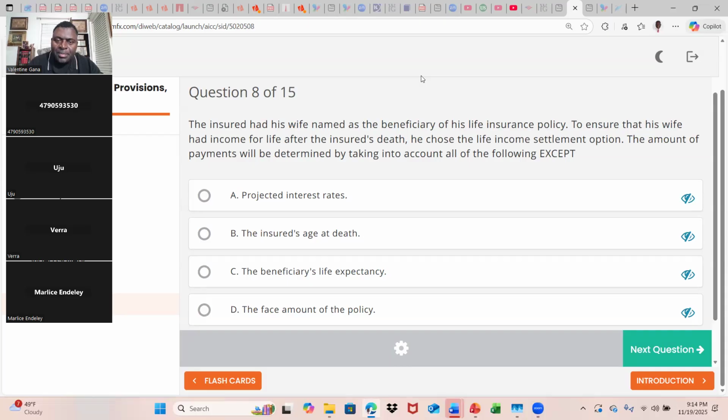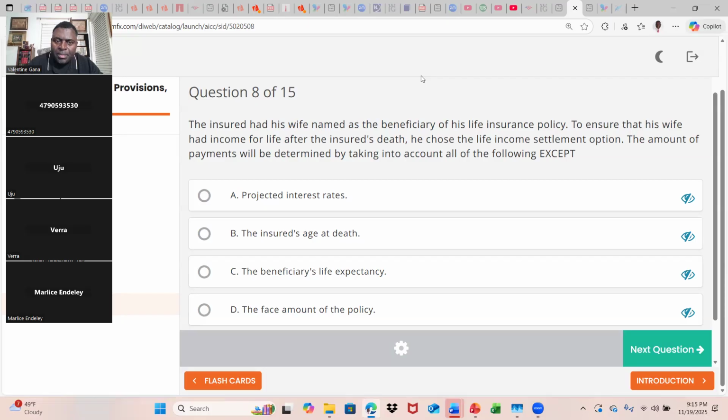The amount of payment will be determined by taking into account all of the following except: projected interest rate, the insured's age at death, the beneficiary's life expectancy, the fixed amount of the policy.